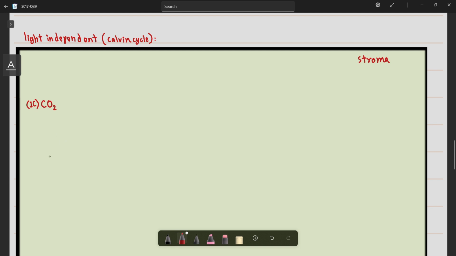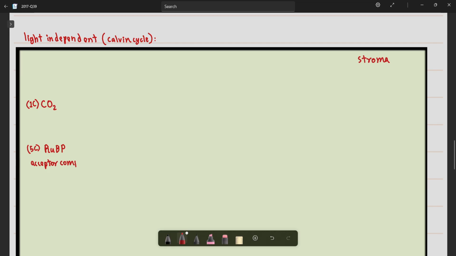The other most important compound we have here is RuBP, which is a five carbon compound. This compound is known as the acceptor compound.